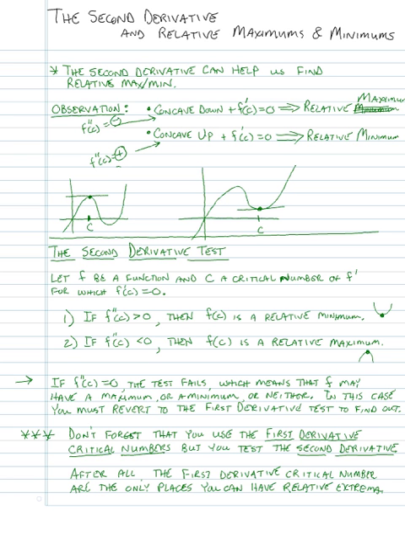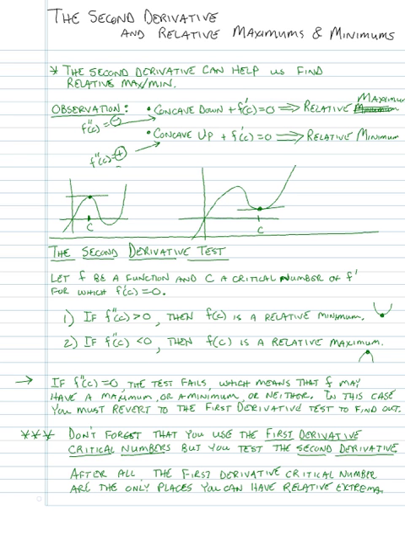Well, after all, the first derivative critical numbers are the only places that you can have relative extrema. So that's where we're looking for relative extrema. That's the reason we use those critical numbers, but we test the concavity at those critical numbers. Keep that in mind.